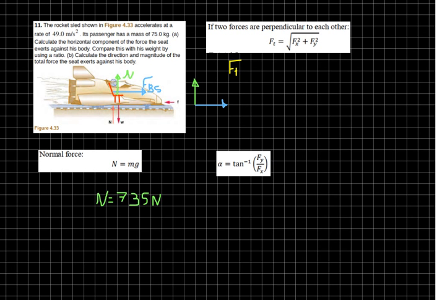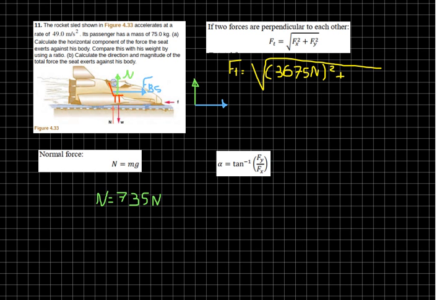The total force is equal to the square root of the horizontal force squared, where the horizontal force is going to be the force of the back of the seat. This is the only horizontal force that we have, and that horizontal force is equal to 3,675 newtons, squared, plus the vertical force squared.